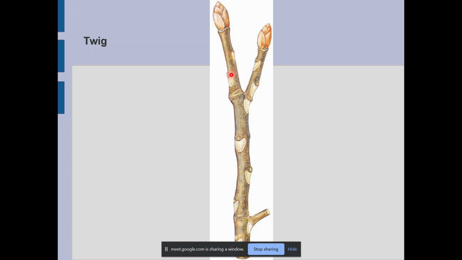So this is a new woody twig, and you can see buds here. So two buds at the end of this twig, and they can develop into the leaves or flowers.